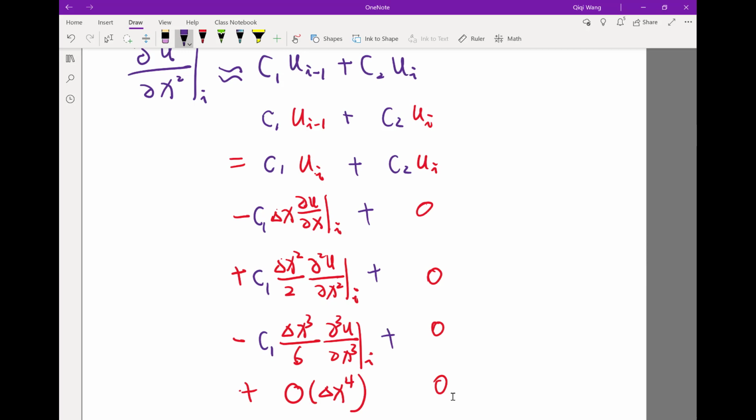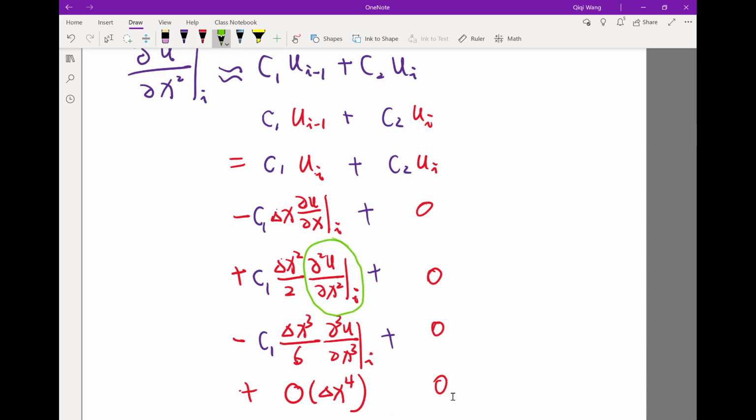Now, our goal is to get a good approximation to which part of this expansion? This, right? This is what we want. We want to approximate this term.